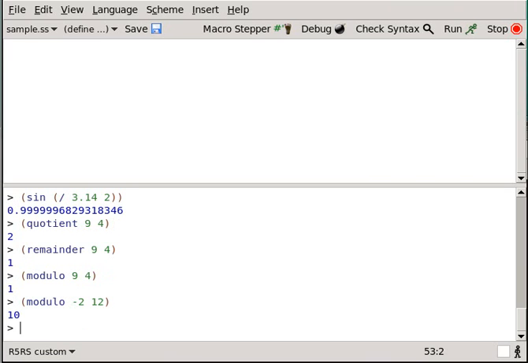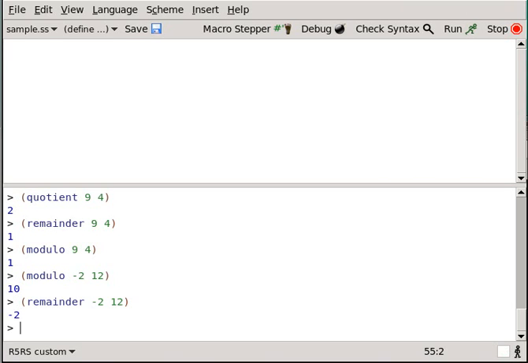Right, so modulo's a lot better for negatives. Now you can try and figure out what's the difference between modulo and remainder. I'm not going to tell you here, but there's a hint. Use the negative thing. If you do remainder -2, 12, there. So think about that for a second.